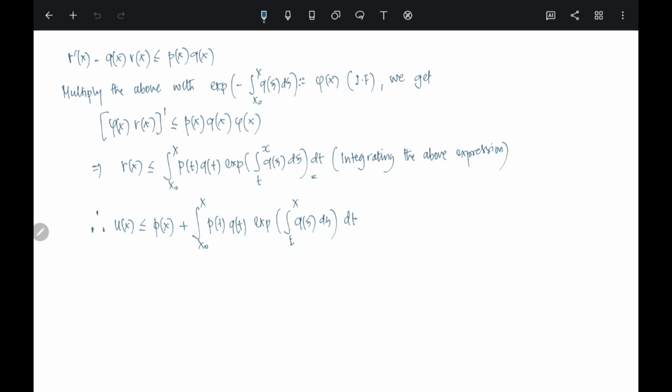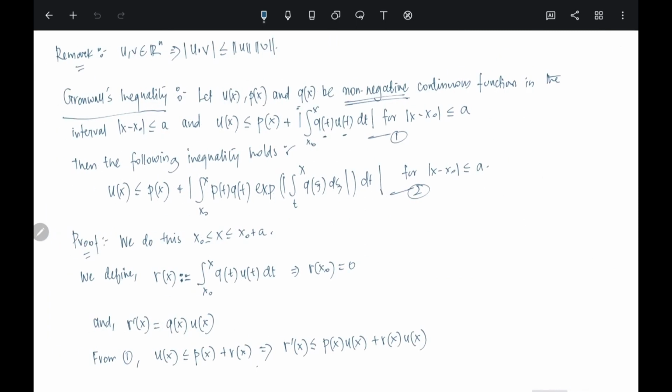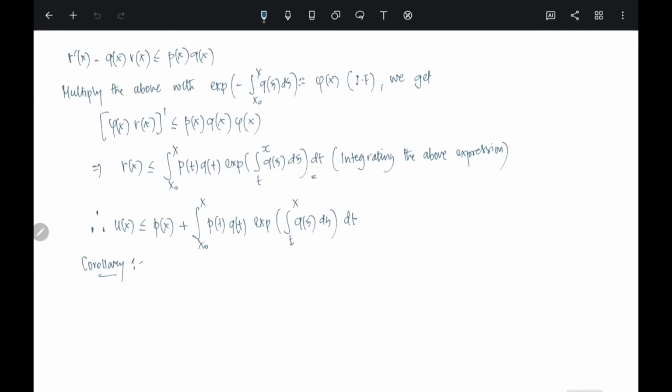Now once that is true, what we can also do is put in a little corollary here. If you put p to be 0 in this inequality, so if p of x is identically equal to 0, then what does it mean? It means u of x is always less than or equal to 0 plus the integral from x naught to x of 0, right?